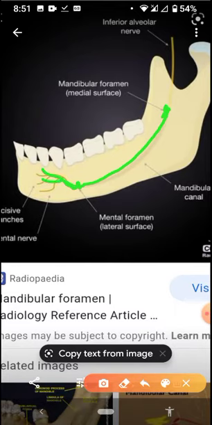So this is the whole route of the inferior alveolar vessels and nerves. They move outward, and now they are called the incisive canal.